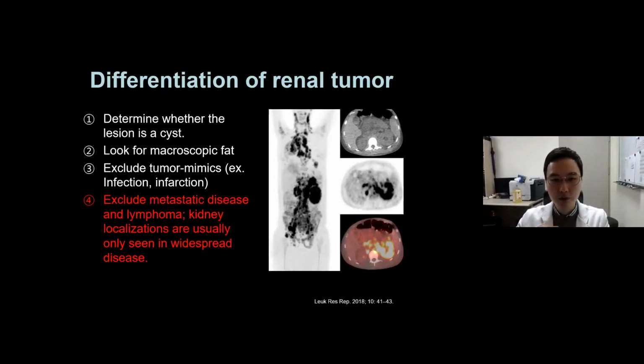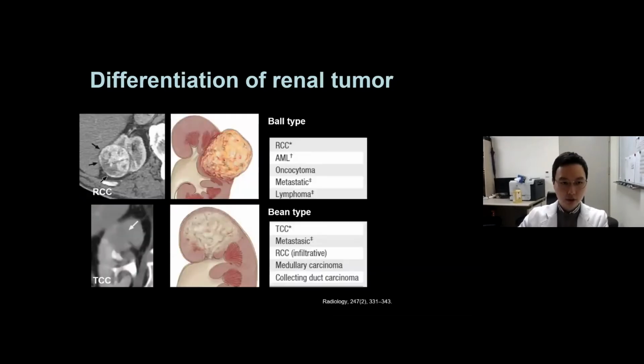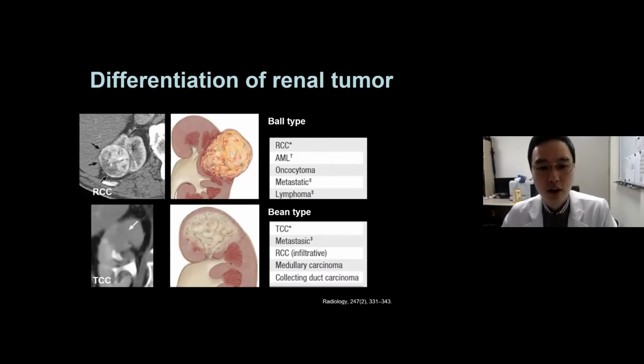If you see dilated calyces, it might more indicate a renal origin tumor rather than lymphoma involvement of the kidney. So now we have excluded some other lesions, and we can move on to the renal tumor, the renal cell carcinoma.